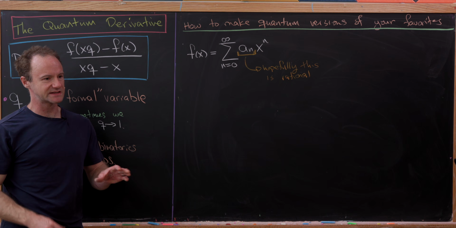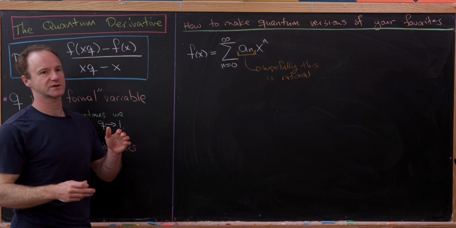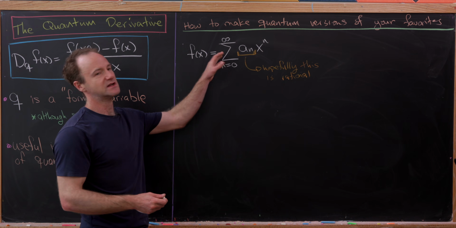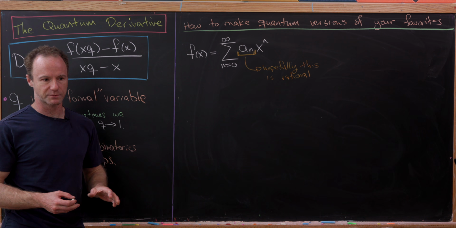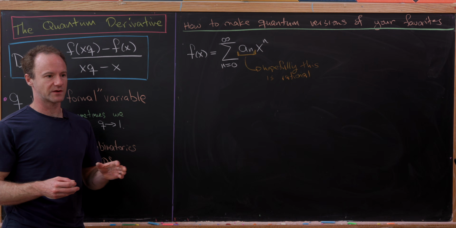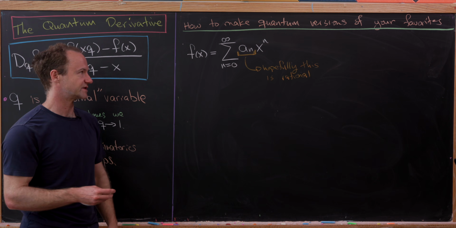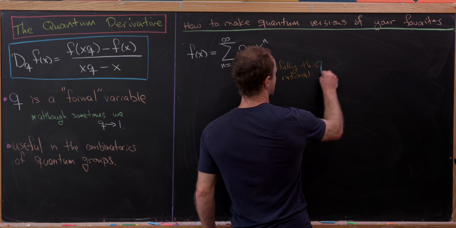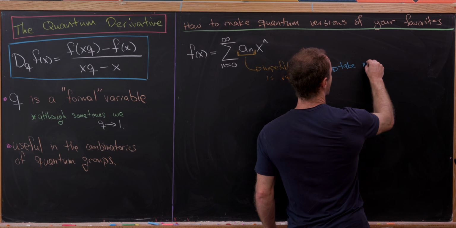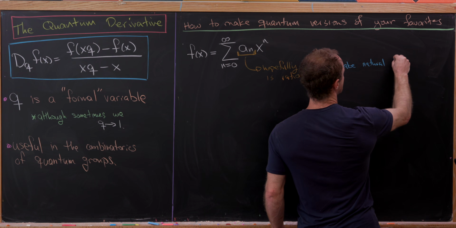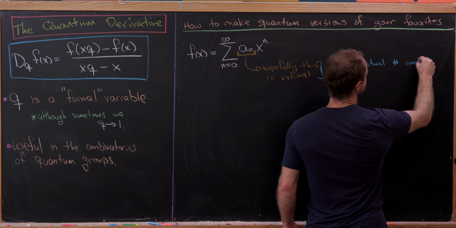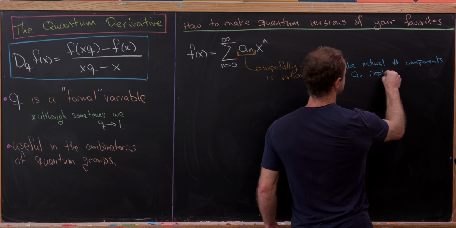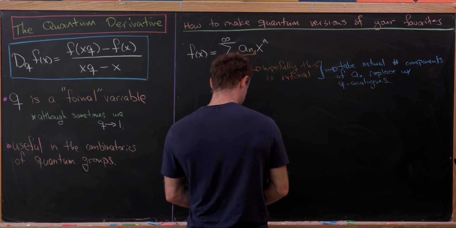Well, that's because if it's rational, it's a natural number over a natural number. We could take the sign outside and we're going to replace all of those natural numbers with their quantum versions. So that's what we'll do. Then we'll take what I'll call the natural number components of a sub n and replace them with the q analogs.